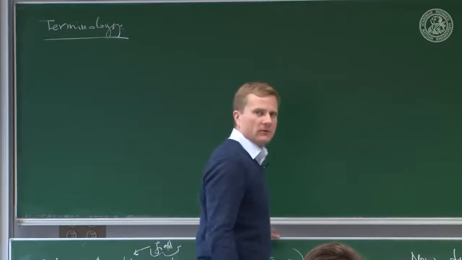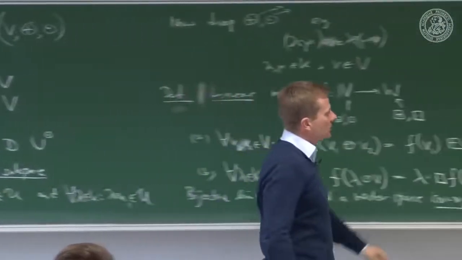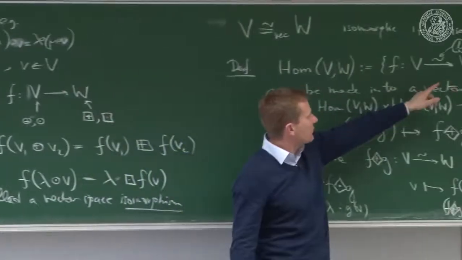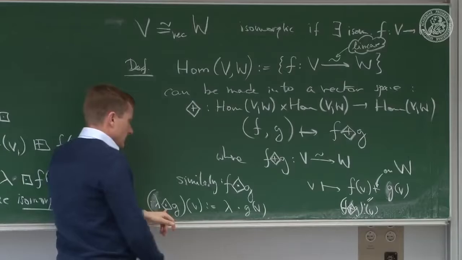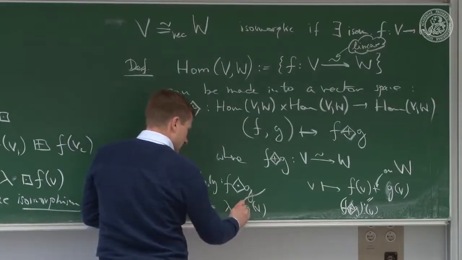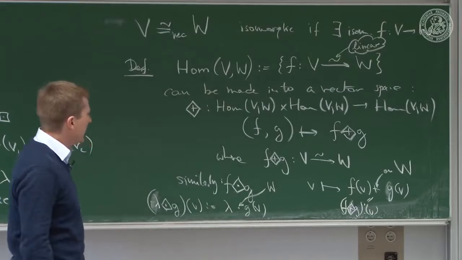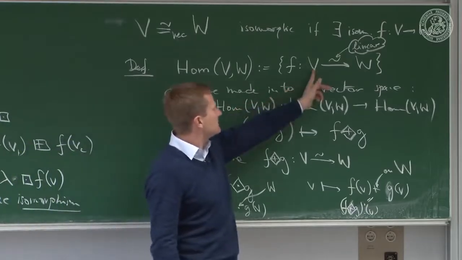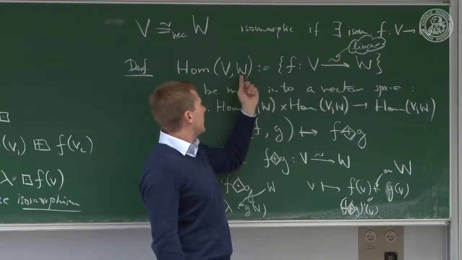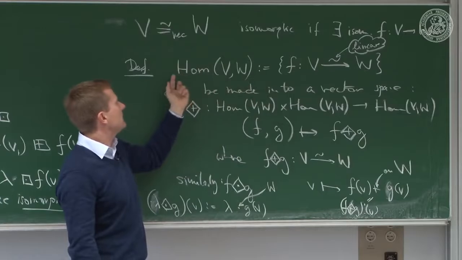For this Hom VW, okay, let's talk about this Hom VW. You're asking specifically here. We saw that the diamond plus is inherited from the target space plus, and so is the diamond S multiplication, because this is the S multiplication on W. And so what I should say is that a K vector space V and a K prime vector space W can be made into a K prime vector space Hom VW.